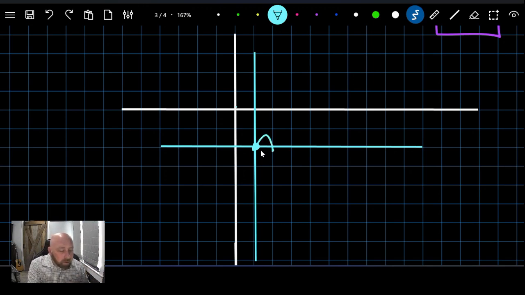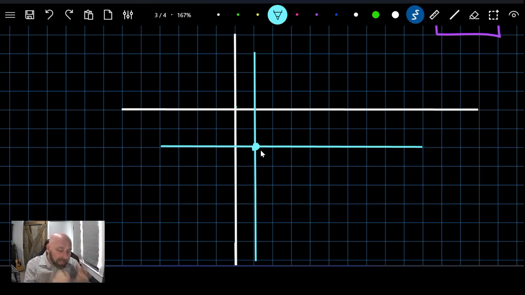I would go 1, 2, 1, 2, 3, and I would know, okay, my new focus is right here. And you might say, well, that's not 2, 3. It's 2, 3 on our translated origin. That's what we're worried about. And it's not confusing, and it is confusing at the same time. So whatever you want to do there is kind of up to you. You can figure it out.